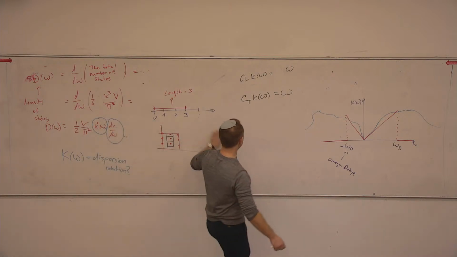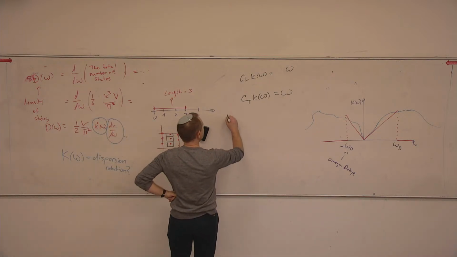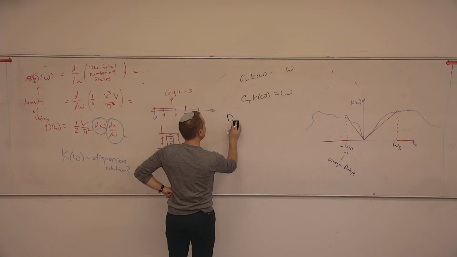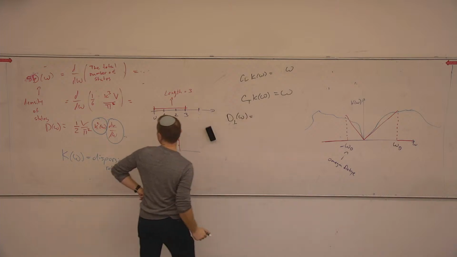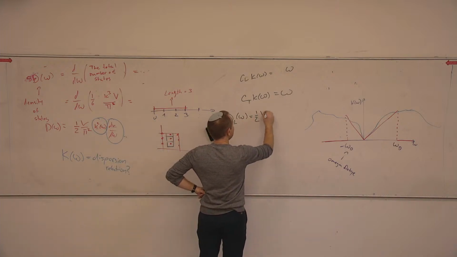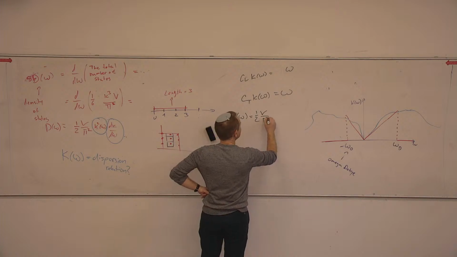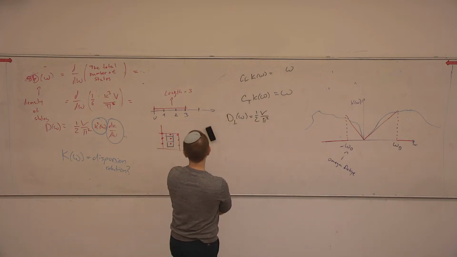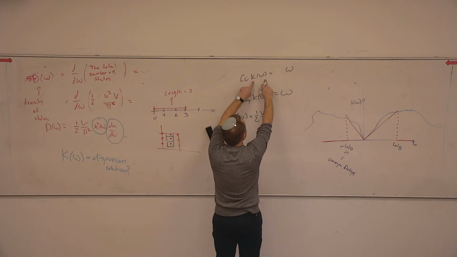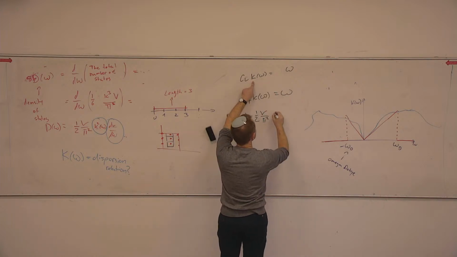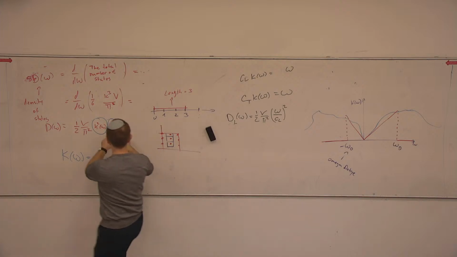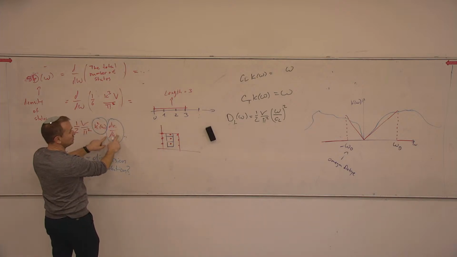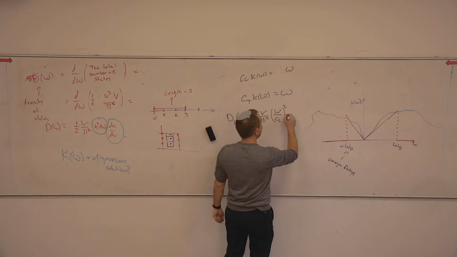Now, for each of them, let's call it d_L of omega. It equals 1/2 V divided by pi squared. Here I'm going to have k of omega squared, which is omega divided by c_L squared, multiplied by the derivative dk over d omega, which is 1 over c_L.